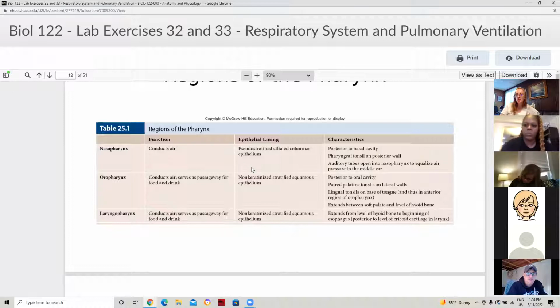It's made of pseudostratified ciliated columnar epithelium. It's got the pharyngeal tonsil on the back wall, and it's posterior to the nasal cavity, and the openings for the auditory tubes are also there, which help you equalize the air pressures in the middle ear.